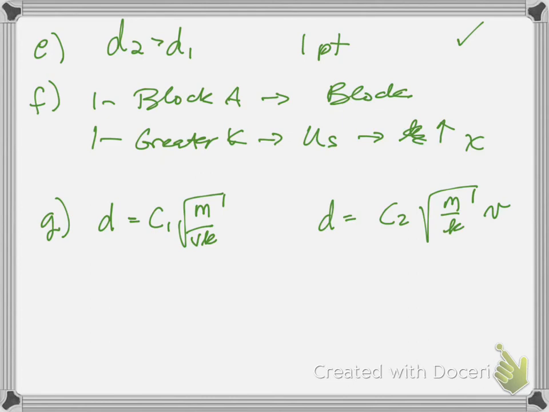Now, what did we say in part F? Well, we really said it in part E. What we said was that, first of all, what's the only thing that is changing in this equation? The mass of the block is the same, the spring constant is the same. The thing that's changing in case 1 and case 2 is the velocity. Case 1 has a smaller velocity, case 2 has a larger velocity. So what we want is a formula, and what we said is that a larger velocity of block A means a larger compression distance.